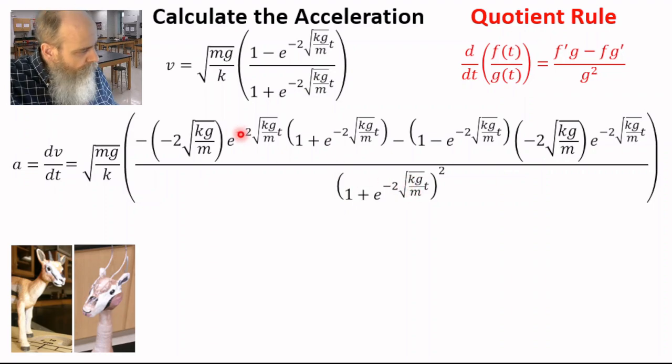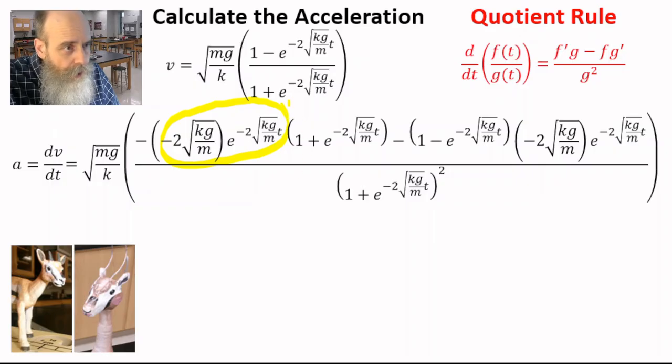Now, this is df by dt. So the derivative of this: the derivative of 1 is 0, and for the derivative of this, we have the negative, and then we get negative 2 square root kg over m coming in front when we take the derivative of the exponential function. So that's f prime. And then this is g, right here.